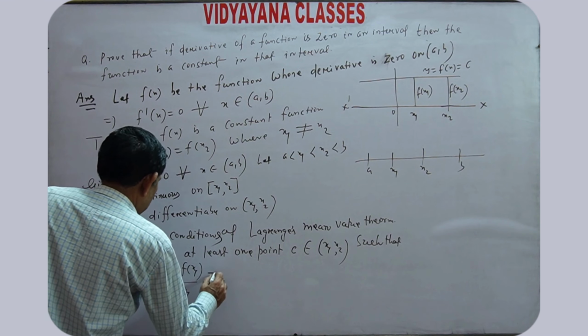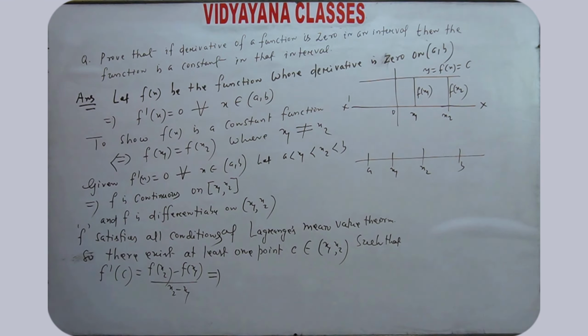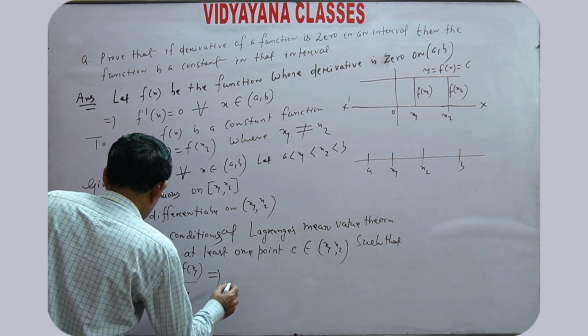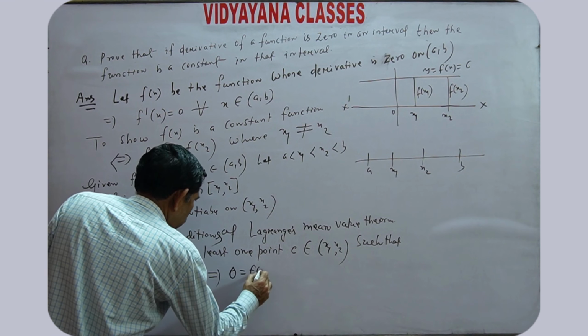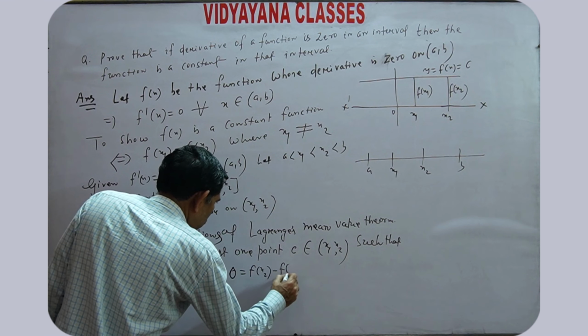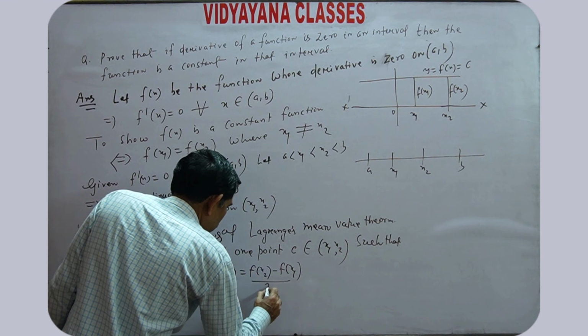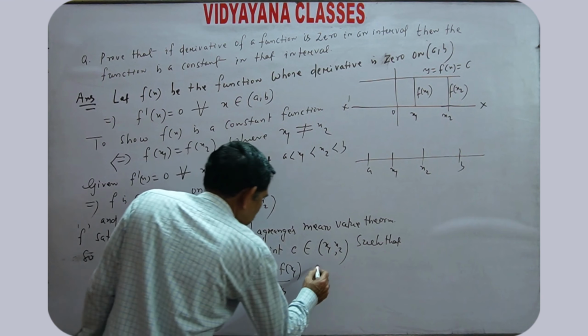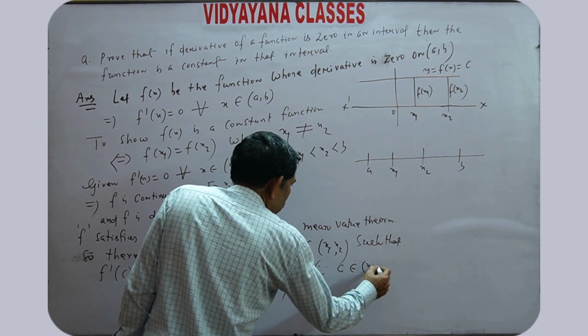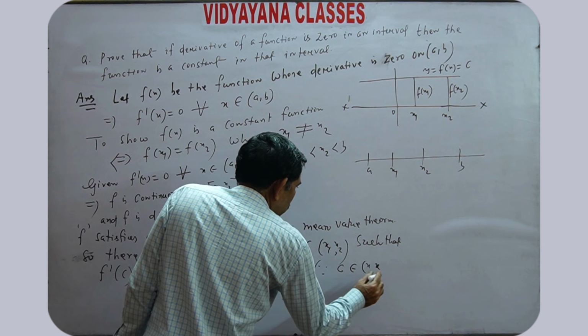Which implies 0 is equal to f(x2) minus f(x1) divided by x2 minus x1, since c belongs to (x1, x2).